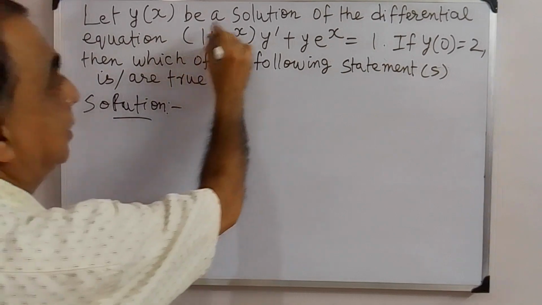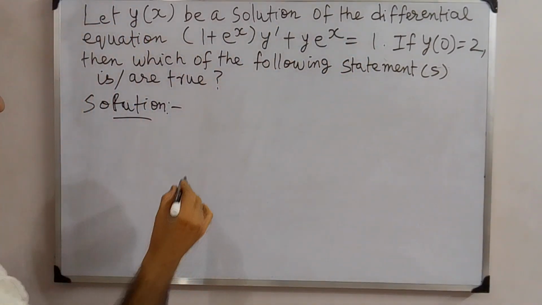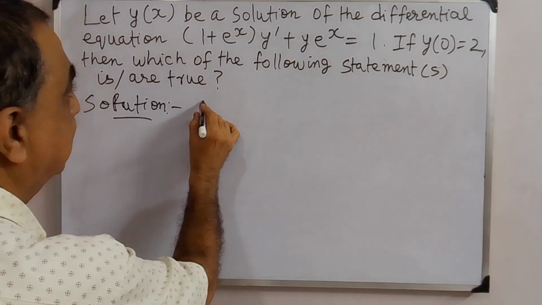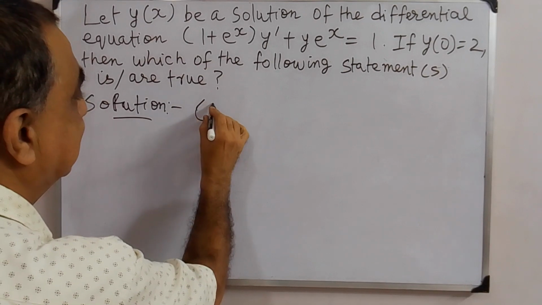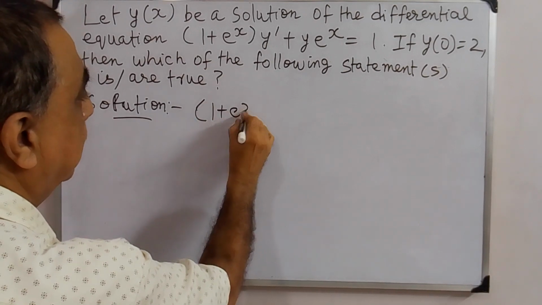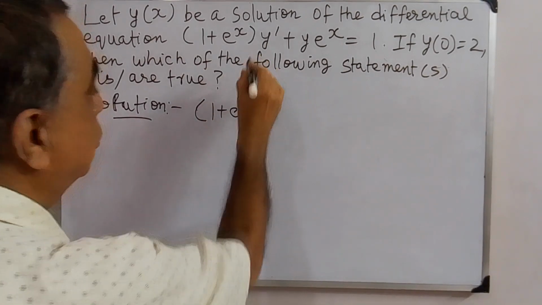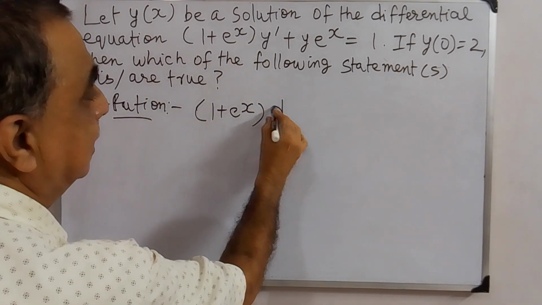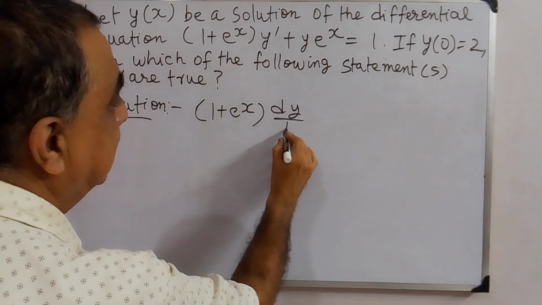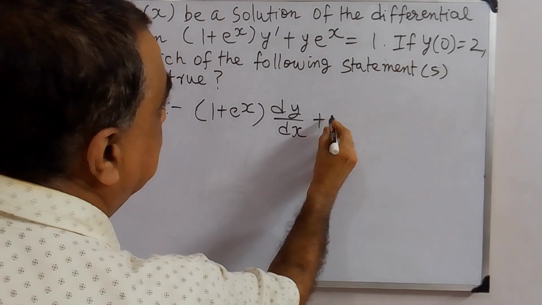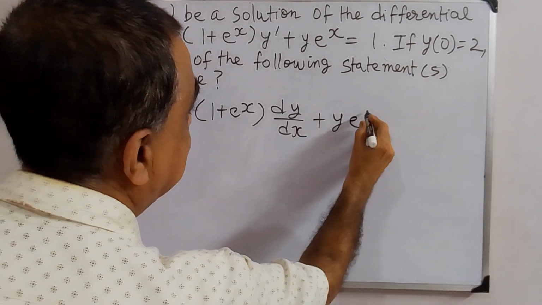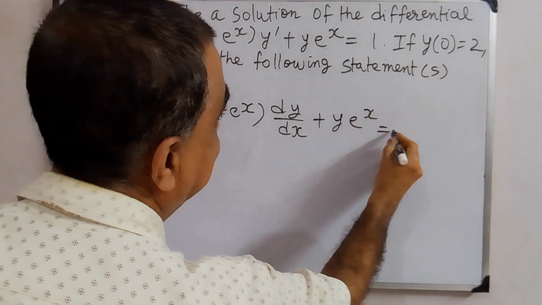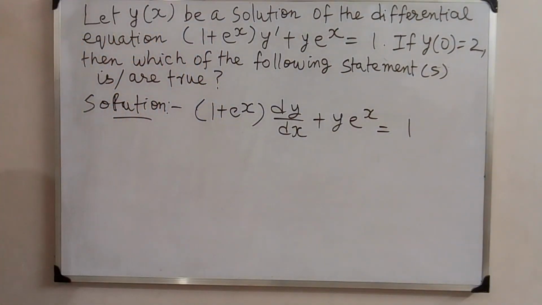See here, this is the differential equation given to us. We write it like this: (1 + e^x) dy/dx + y e^x = 1.